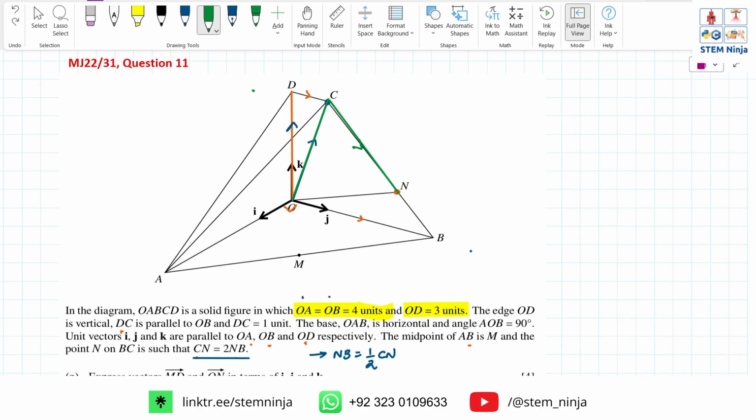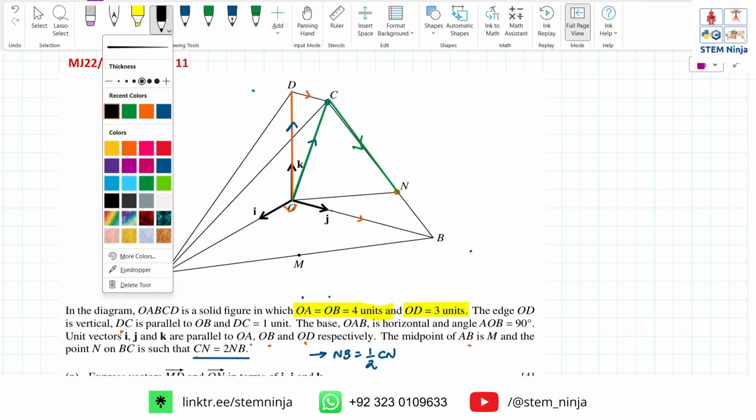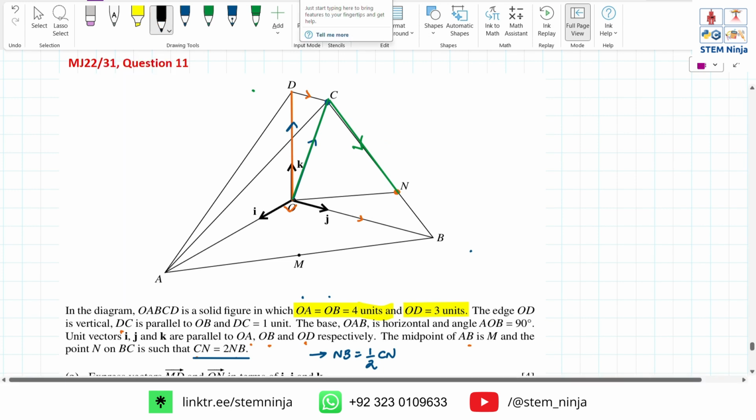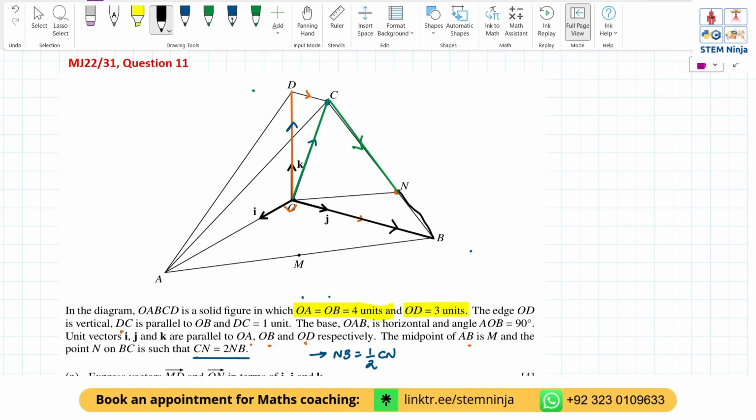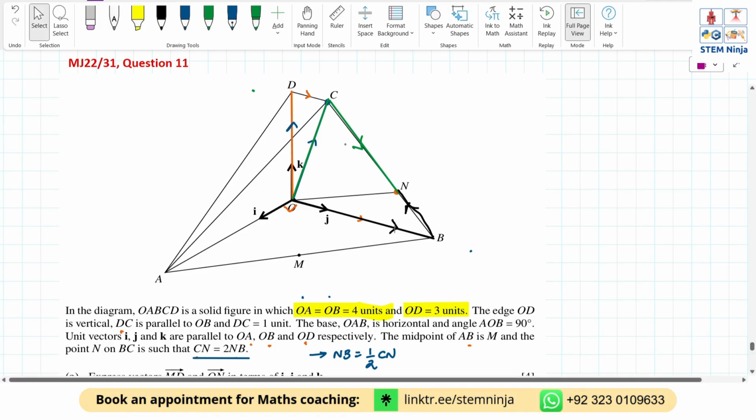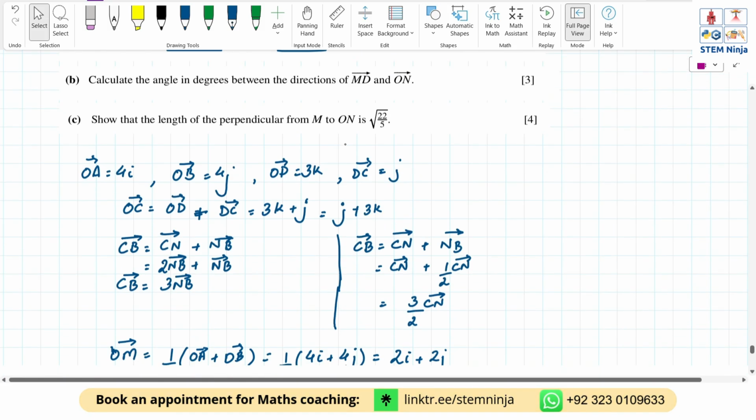Or alternatively, you can go to OB and then BN, which is the opposite of NB. So both ways are available to us, so we can check from both ways to see whether we get the right thing or not.